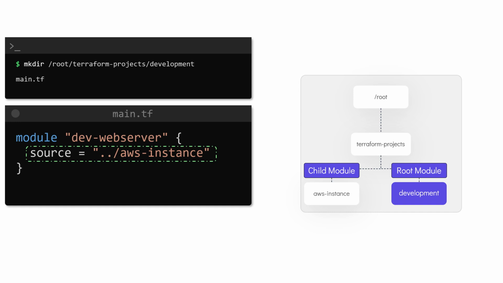In this case, the child module, which is the directory called AWS instance, is located under the Terraform projects directory, just like our configuration directory. This path can be defined as a relative path from the development directory by making use of two dots followed by the directory name, which is AWS instance. The source path for the module can hence be declared as ../AWS instance.